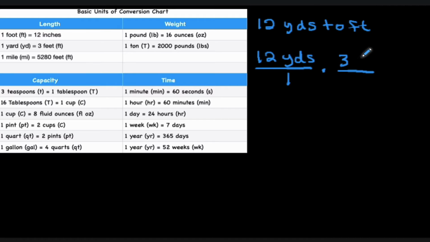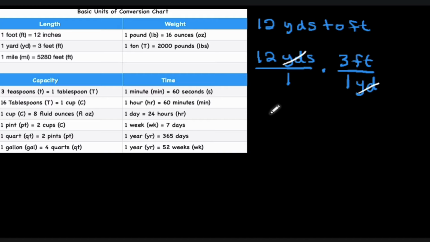So 3 feet over 1 yard. And notice we have yard in the denominator, so it's going to cancel with yards in the numerator. So we have yards here, we have yard here. And then we multiply across the numerators and denominators.